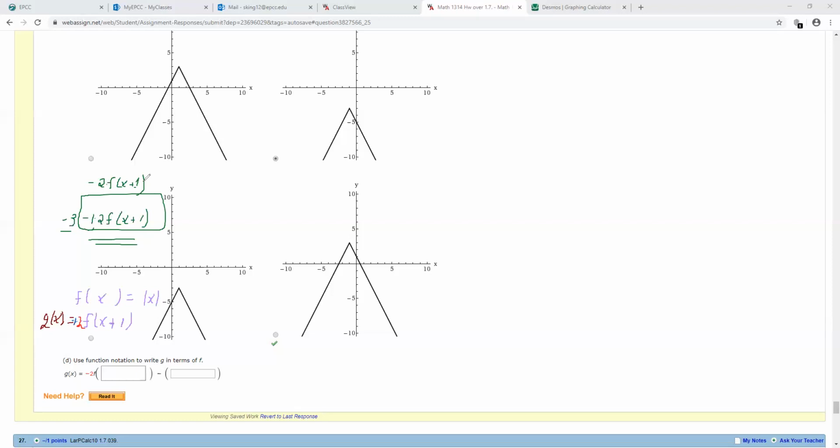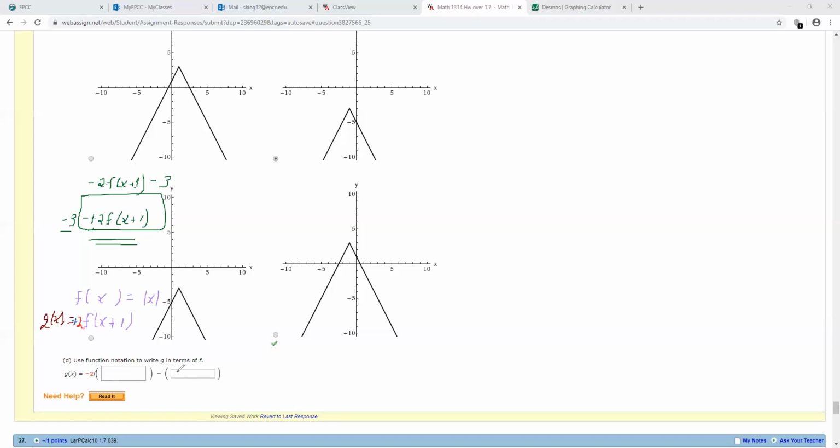Instead, we could write -3 at the end. So either way, which way did they choose for us to do it? The minus is after instead of in the front. So now we have it.